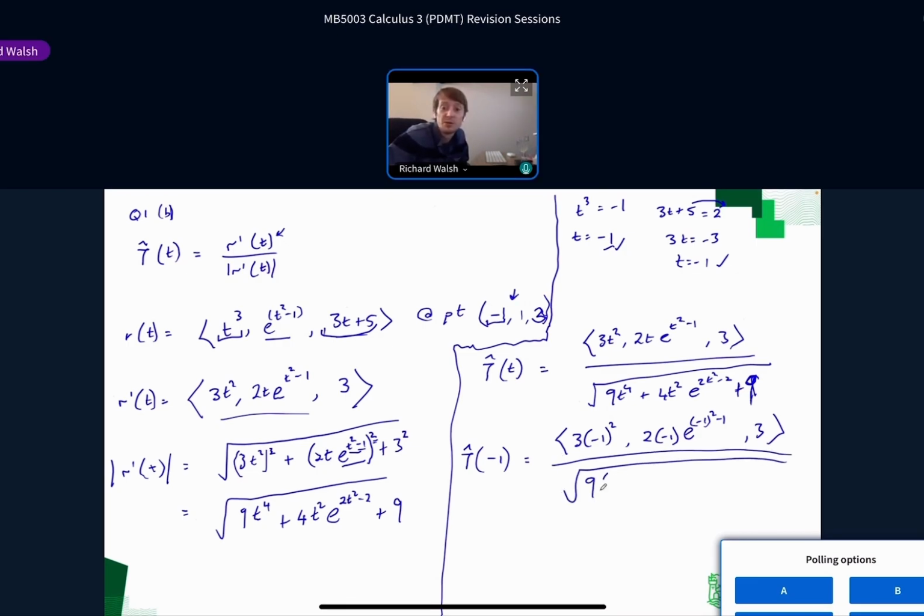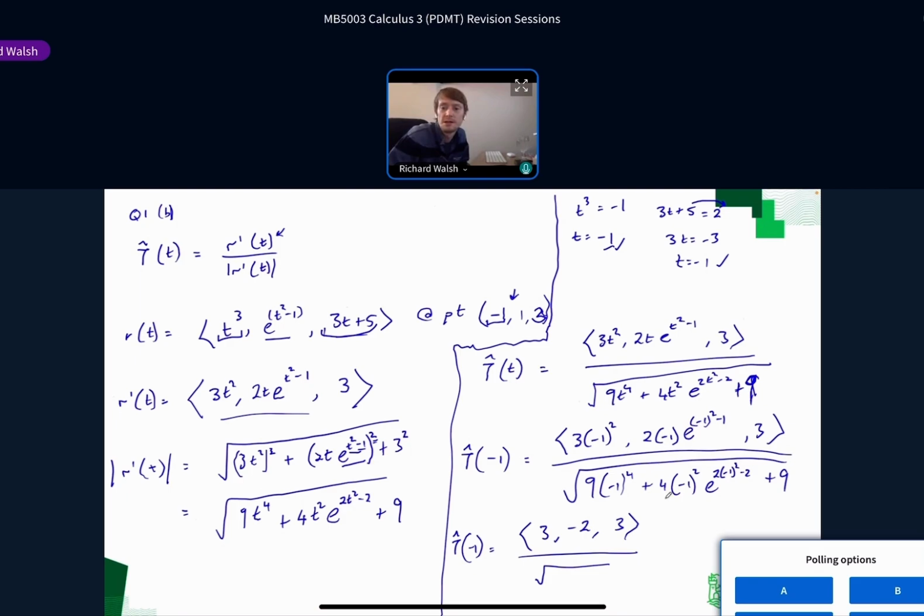Then replace all the t's with minus 1 and work each of those down. The calculator will deal with that anyway for you.